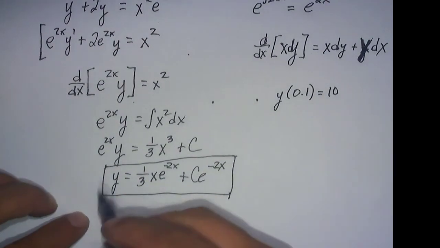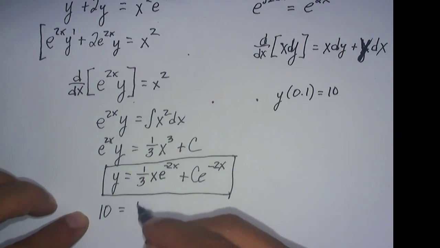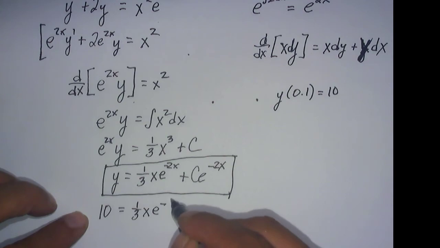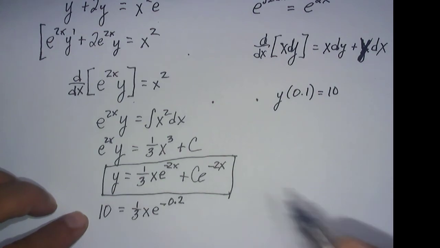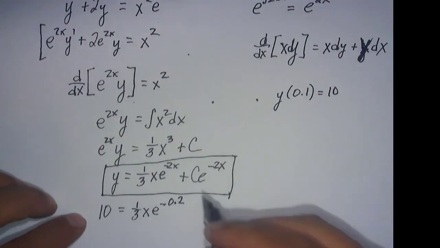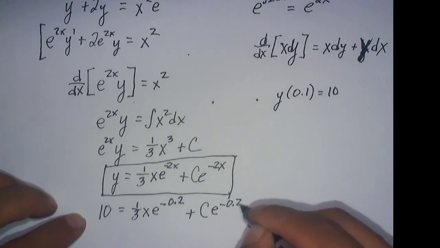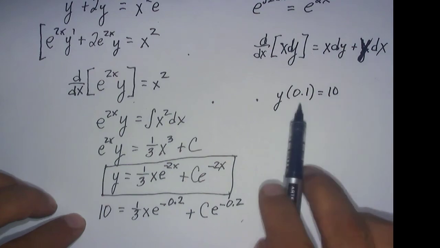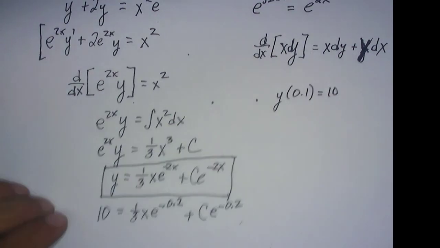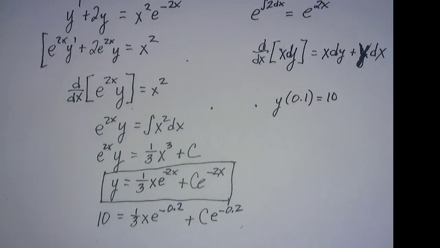So 10 is equal to 1/3 x times e to the negative 0.2, plus c e to the negative 0.2, because 0.1 times 2 is 0.2. And then, shoot, what now? What is e to the negative 0.2? I don't know how they want you to put this answer in.